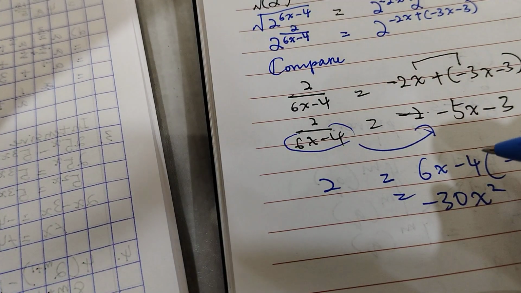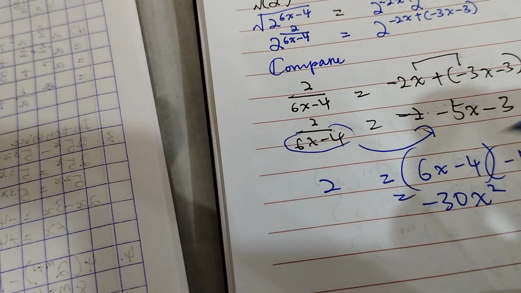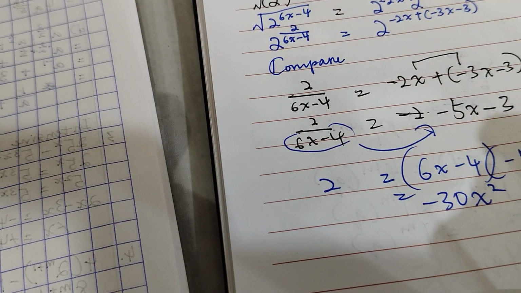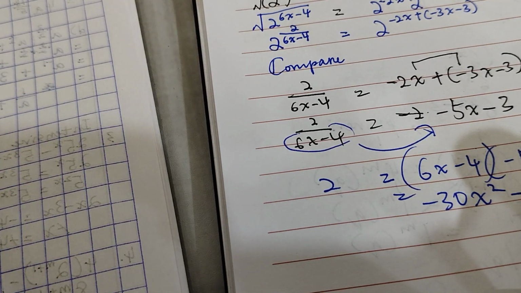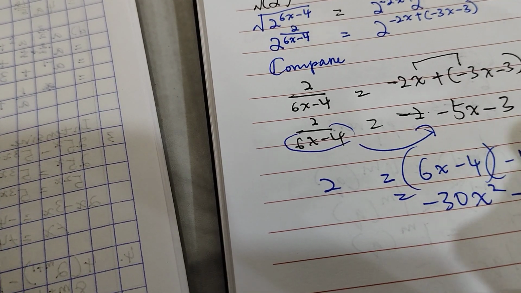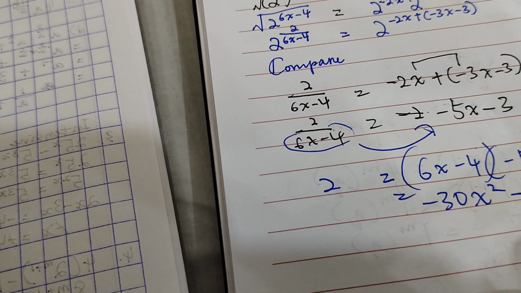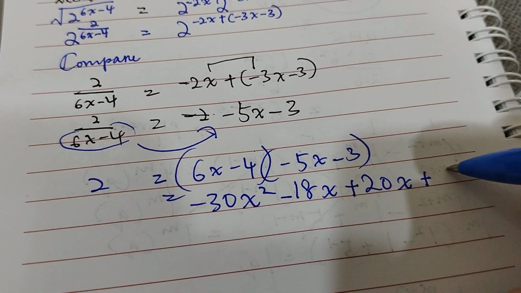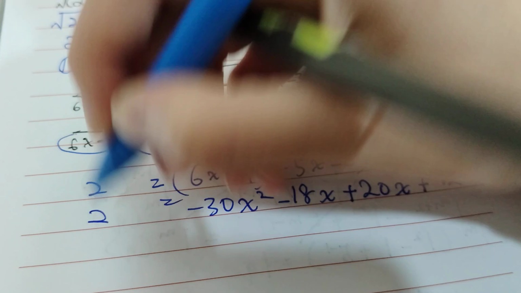Okay, then, darn, okay, think. It's like this. So, negative 3, negative 3 is 6 times 3, that's 18x. Negative, positive 20x. Negative, positive, 4 times, you cannot see anything. 4 times 3, 12. With a 2 at the other side.